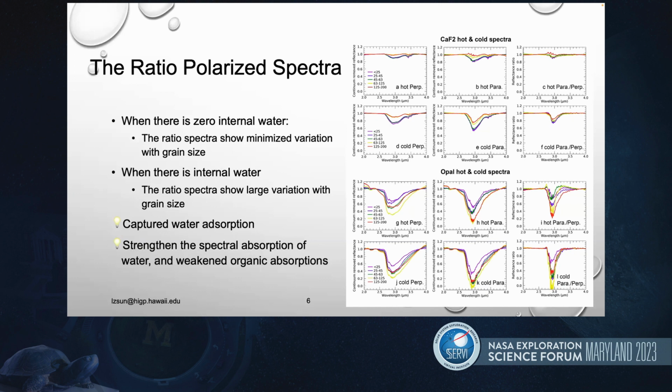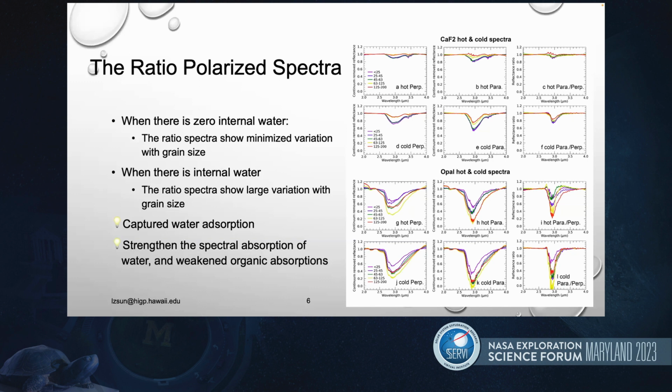But if you compare the hot, which is the top figure, to the second figure, you will see that there's still an increase by water adsorption. So this ratio spectra is capable of detecting water without knowing the specific grain size distribution; it's still capable of detecting water increase at 3 micron.